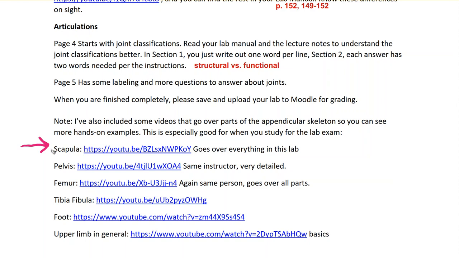The scapula, pelvis, and femur videos are all done by the same person, and they're really awesome. The upper limb videos are all good. The upper limb arm bones video is kind of dorky, but it is informative. So just look at your videos. They all go through perfect descriptions of all the pieces and parts that you need to know.